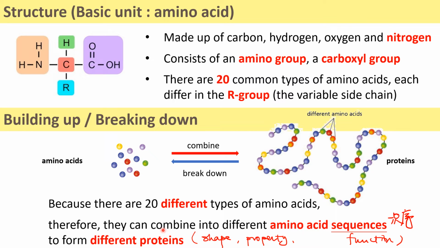You have many different body parts, your lips, your eyes, your hairs, your nails, your internal organs. They all look different. They all feel different and function differently because there are so many different types of proteins.